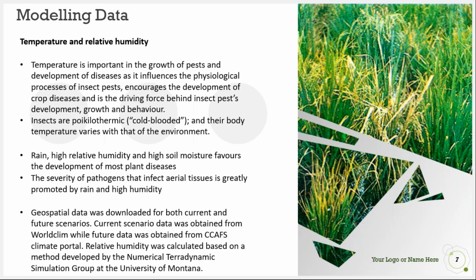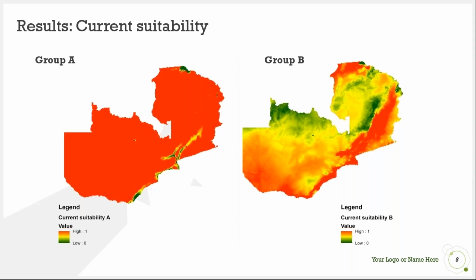So with this data, we used the tool to develop suitability maps for these pests and diseases for both groups and for periods 2030s and 2050s across all RCPs. So the results were like you can see.